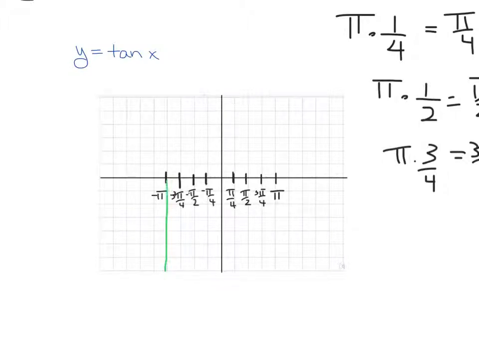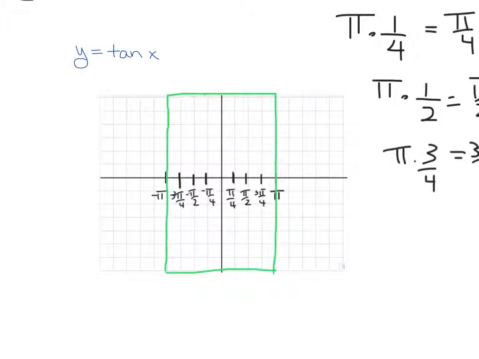So again, remember the period goes from negative pi to positive pi. So this is going to be where I actually want to draw the graph of tangent. Because again, I only want to see two periods. So I'm going to show from 0 to pi and then from negative pi to 0.